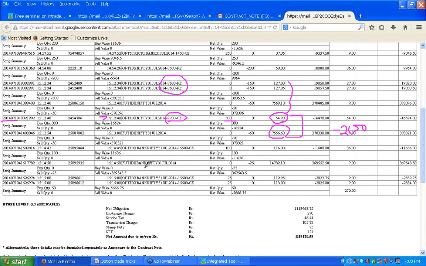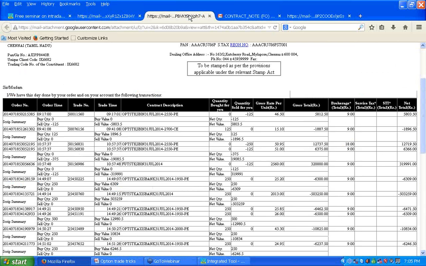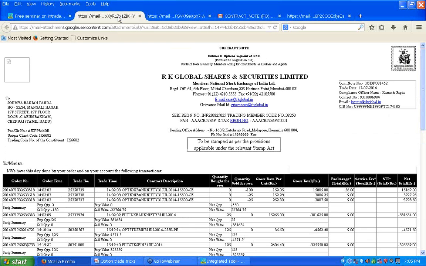Same time in Bank Nifty, we have sold a future, and at the same time 15,500 call option is being bought with 100 quantity here, 50 quantity here to make it delta neutral. This too is also squared off in the subsequent days. Here it is being sold at 152, and the future is being closed here.